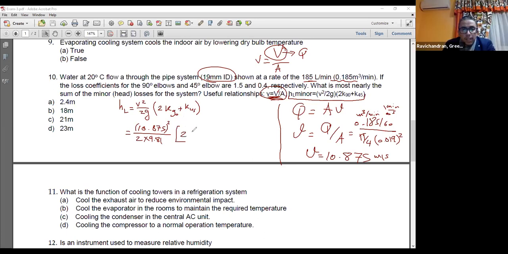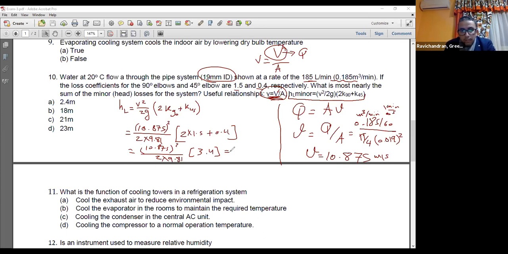What's 2K90? What's K90? 1.5. And K45 is 4. So this one is 10.875 squared by 2 times 10, multiplied by 3.4. Now I can calculate it easily. Continue the calculation.